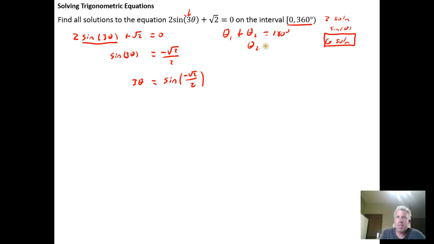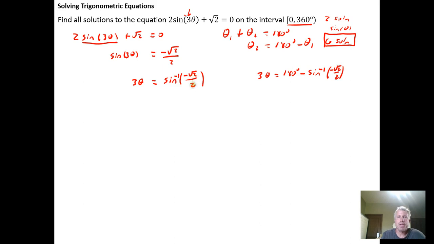We expect a second angle that generates this side ratio, and it's going to be 180 degrees minus theta 1. So our second solution is going to look like 3 theta equaling 180 degrees minus the angle, which is inverse sine of negative root 2 over 2.